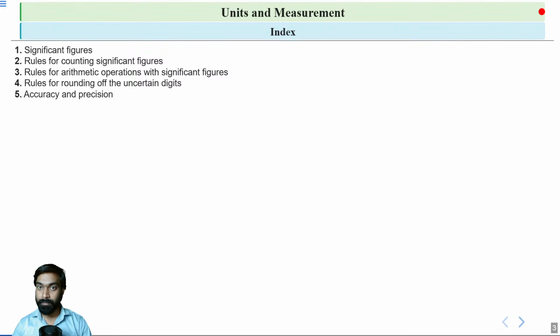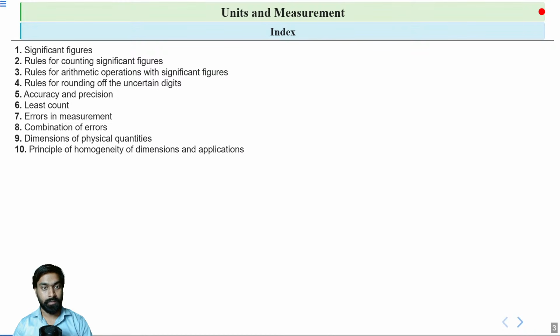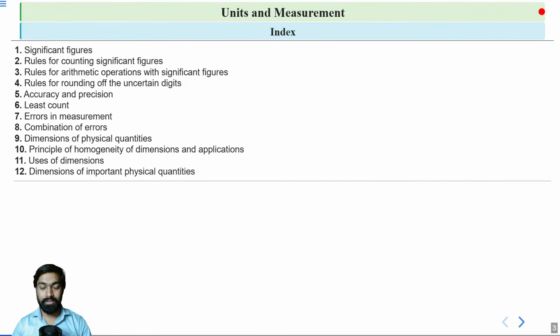Then accuracy and precision. After that, least count, then errors in measurement and combination of errors, dimensions of physical quantities, principle of homogeneity of dimensions and applications, uses of dimensions, and last, dimensions of important physical quantities. So these are the topics which we will cover now.